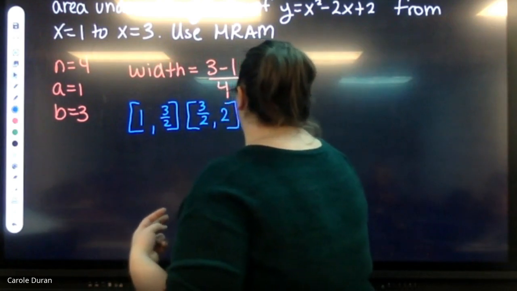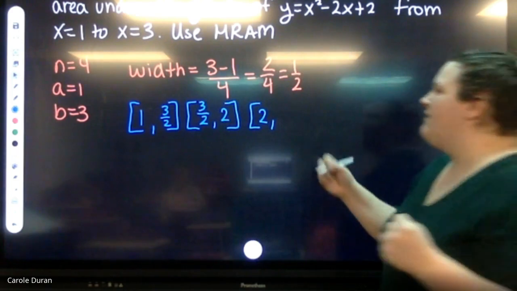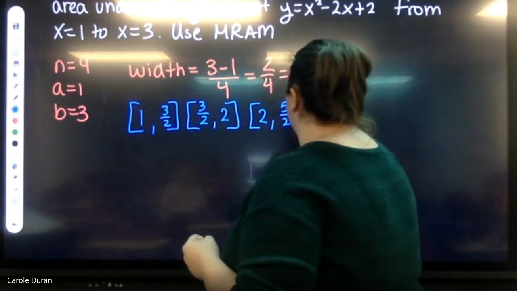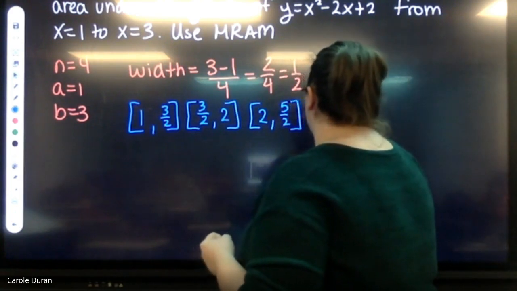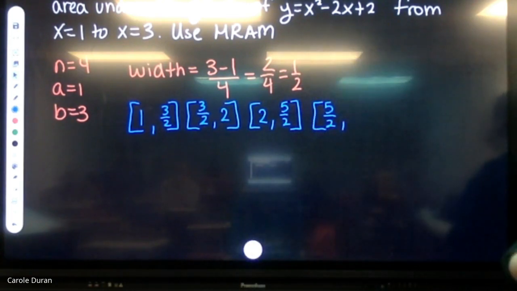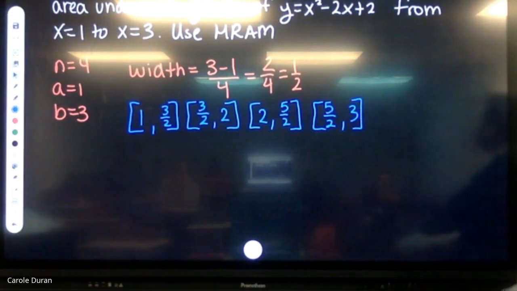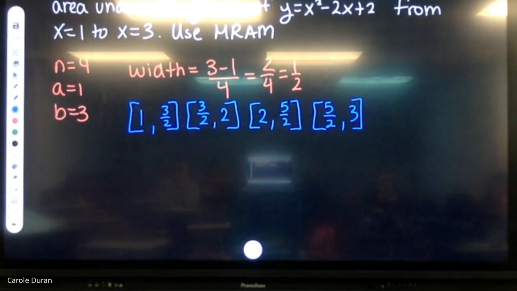My third subinterval then goes from 2 to 2.5, which is 5/2. And then my fourth subinterval goes from 5/2 to 3, because 5/2 plus 1/2 is 6/2, which reduces to 3. So we're good there. Everyone okay with the intervals that I set up? Yeah.